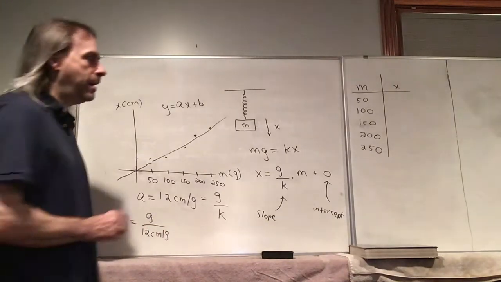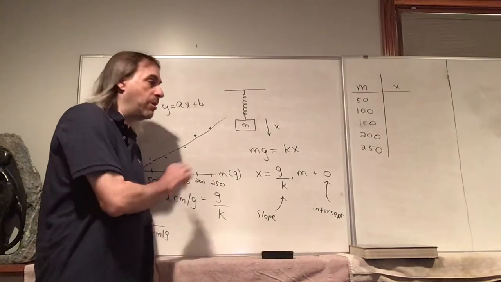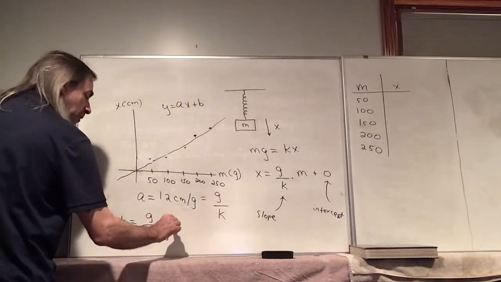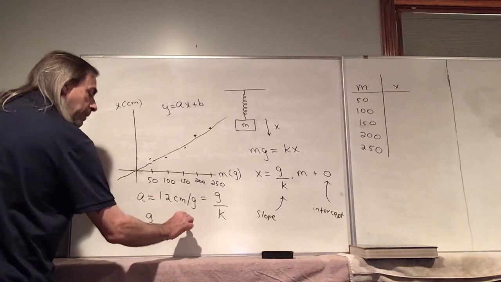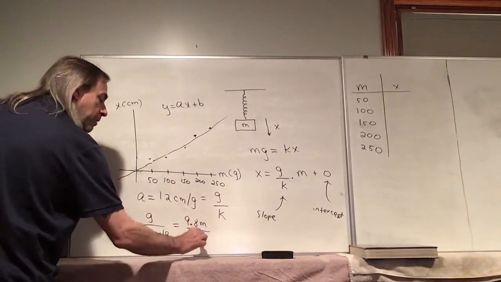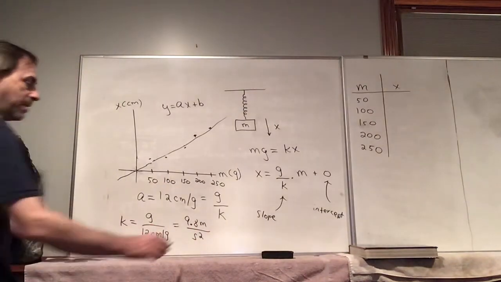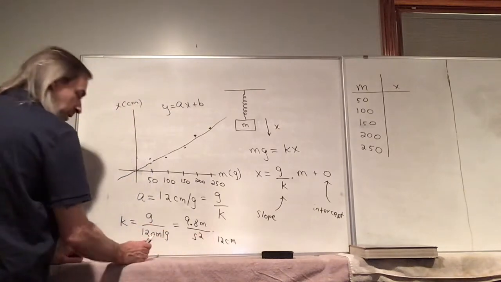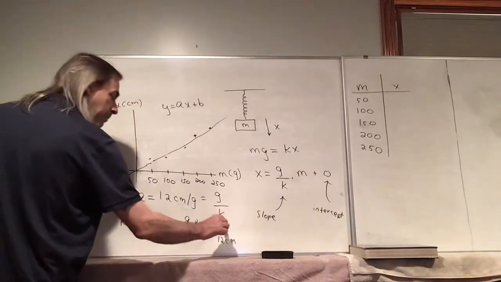This is why I mentioned that you really want to pay attention to units here, because we want a numerical value for k along with the units. So g is 9.8 meters per second squared, and then we're dividing by 12 centimeters per gram.